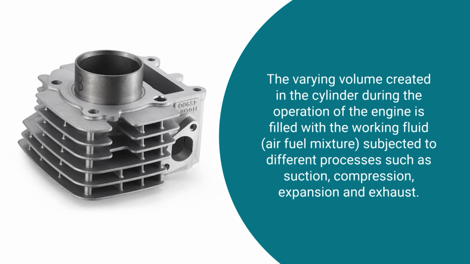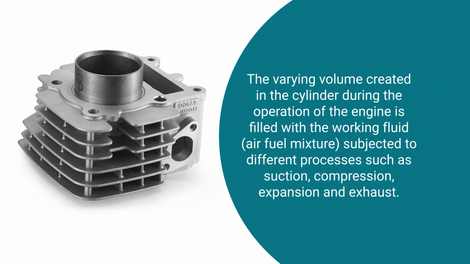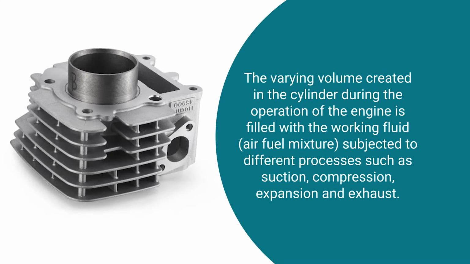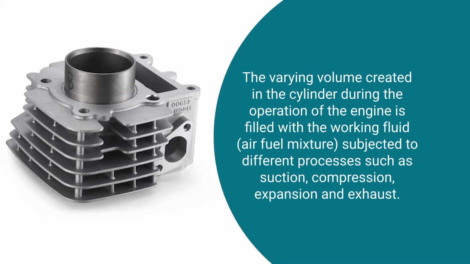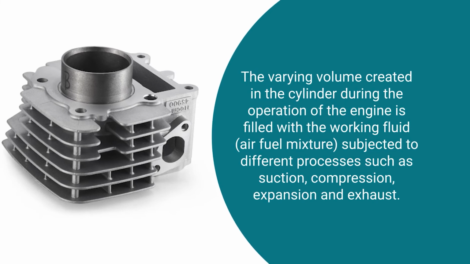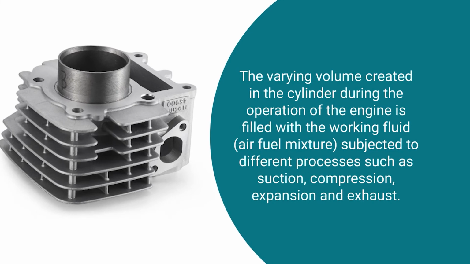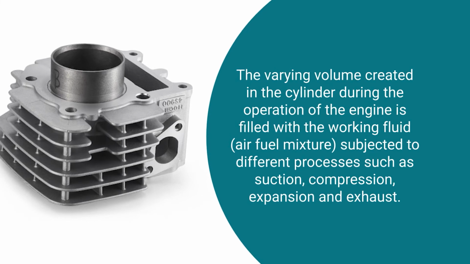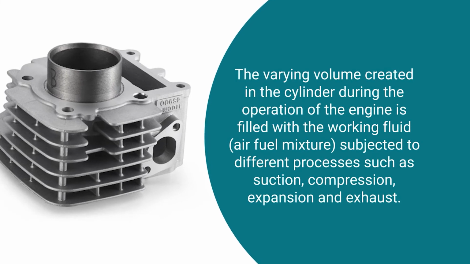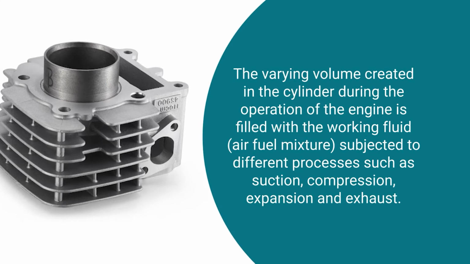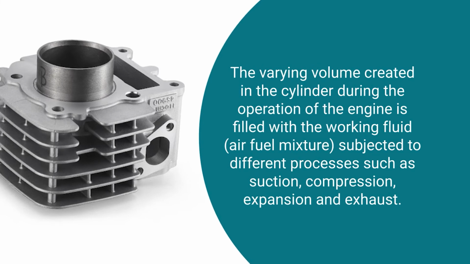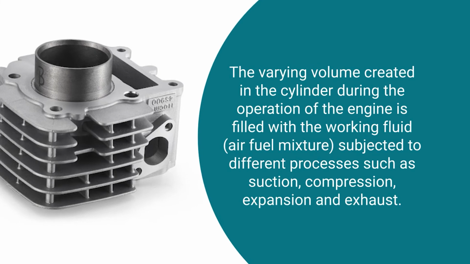During the operation of the engine, the cylinder is filled with the working fluid, which is supplied through a throttle valve. So, there are 4 processes: suction, compression, expansion and exhaust. Please remember, during expansion we get the power.